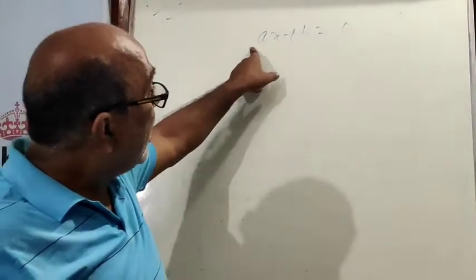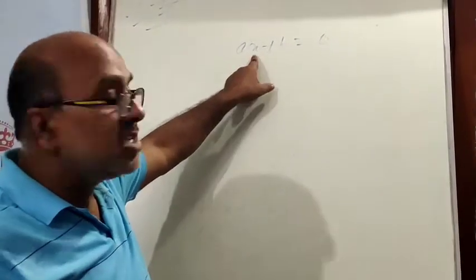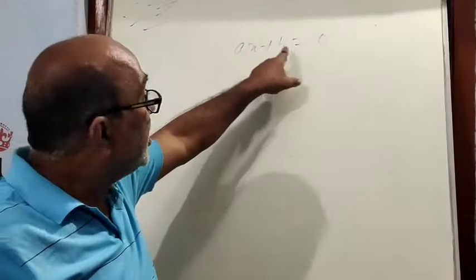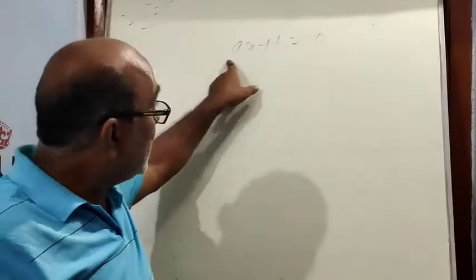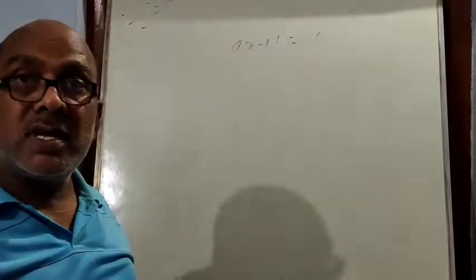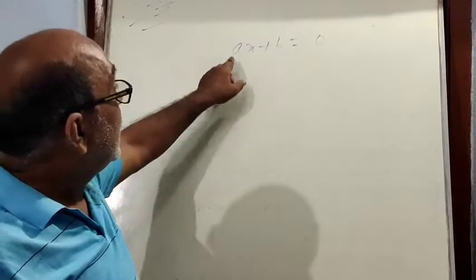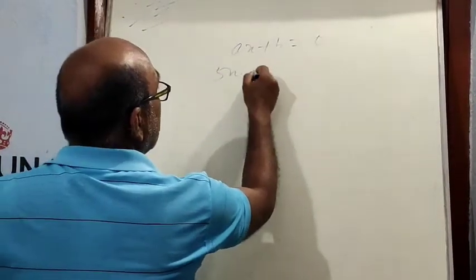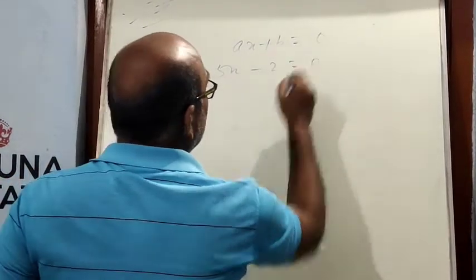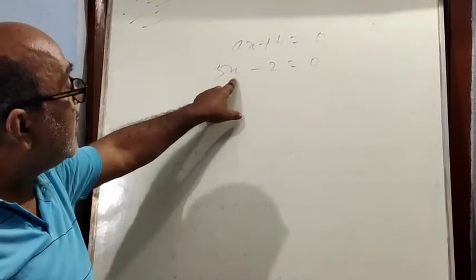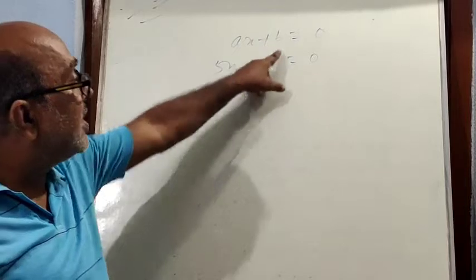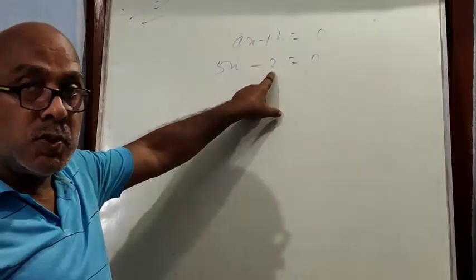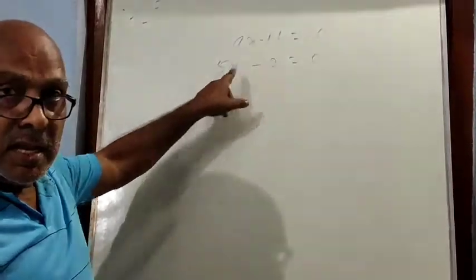And one variable in this equation, x is the variable only, a and b are constants, therefore this is called a linear equation in one variable. For example, 5x minus 2 equal to 0. Here in place of a is 5 and in place of b is minus 2 and the variable is x.